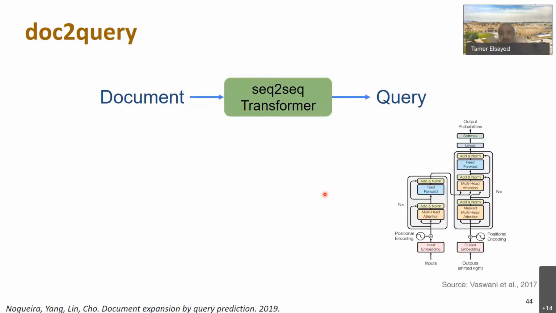If you are given the document, guess what kind of query terms you would use to retrieve that document. That will be a good candidate for expansion of the document. So that's the idea of doc to query. It's like you want to translate the document into the query. That's why it's called doc to query.